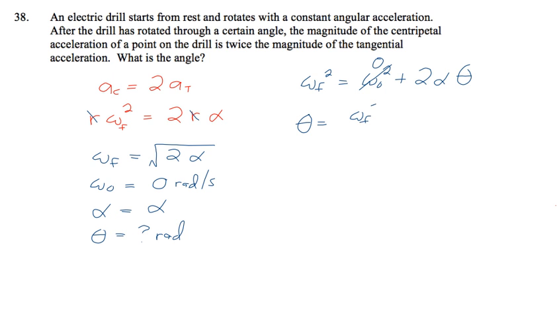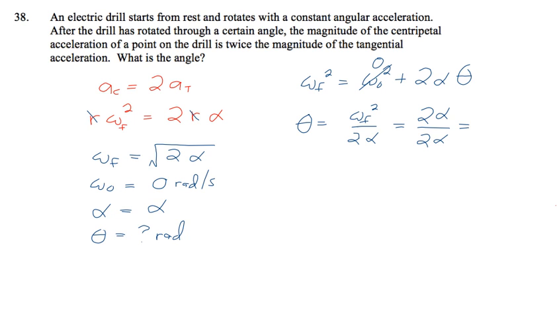Omega final squared over 2 alpha. And what's nice about this is, we want omega final squared, and we have omega final as the square root. So if omega final equals the square root of 2 alpha, then what does omega final squared equal? 2 alpha. So I get 2 alpha over 2 alpha.